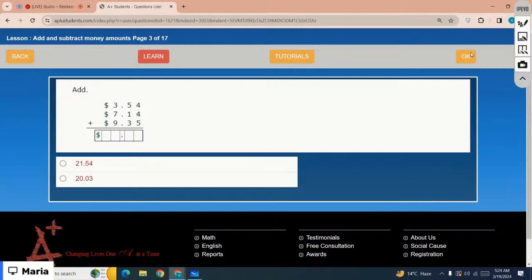The correct option is $20.03. Option number 2 is the correct option, right?